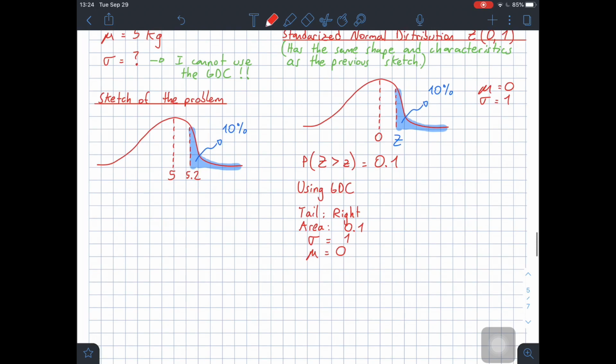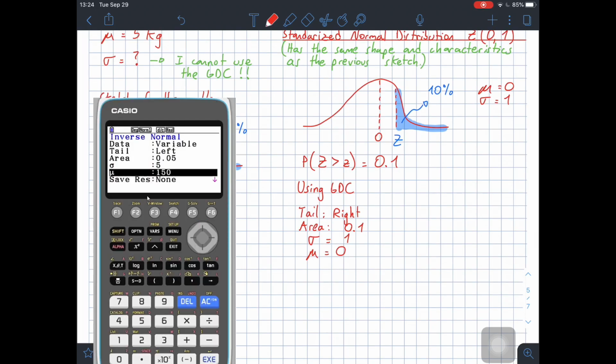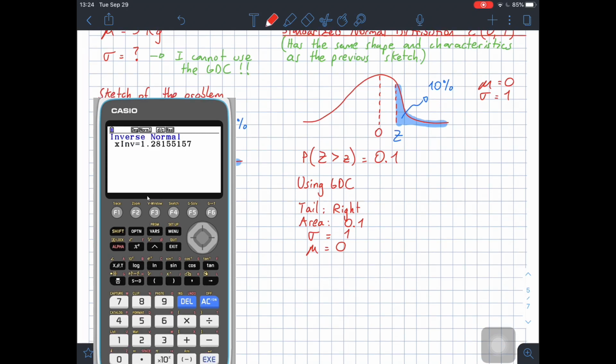Plug in those values, click execute, and there you have the value of c. So this value c is 1.28.